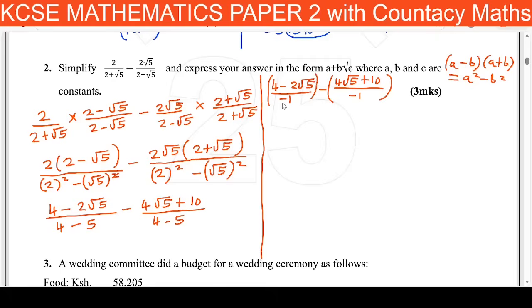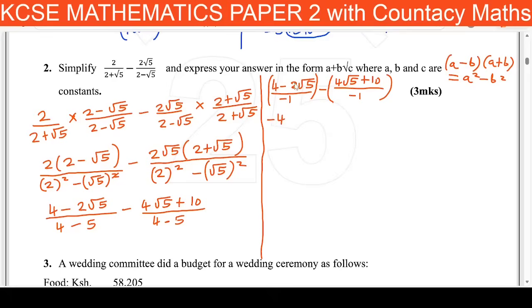That's what we are having. So we go ahead and get rid of this negative 1, or rather we just get rid of the denominator. But how do we go about that? We simply divide every number by negative 1. So we have 4 divided by negative 1. That's going to give me a negative 4.